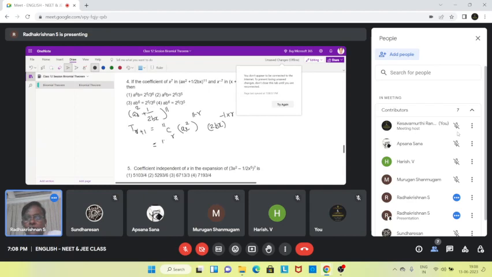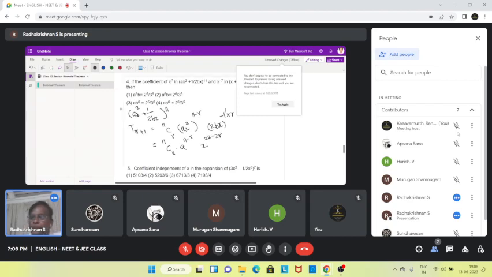Okay. So 11Cr. Now I write the terms of a, b, and x separately. So a to the power of 11 minus r, x square to the power of r. A simplification I am doing mentally straight away.